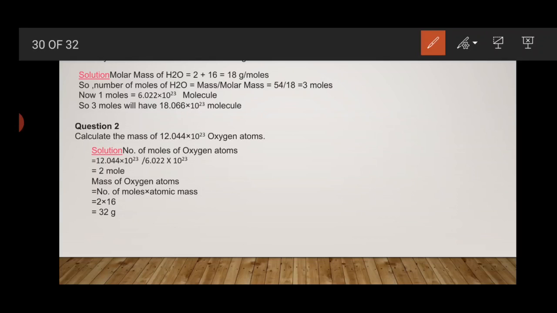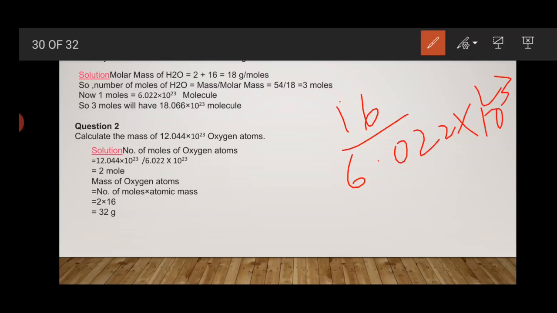So we can say that 6.022 into 10 to the power 23 oxygen atoms is equal to 16 gram. Then 1 atom is equal to 16 upon 6.022 into 10 to the power 23 gram of oxygen.